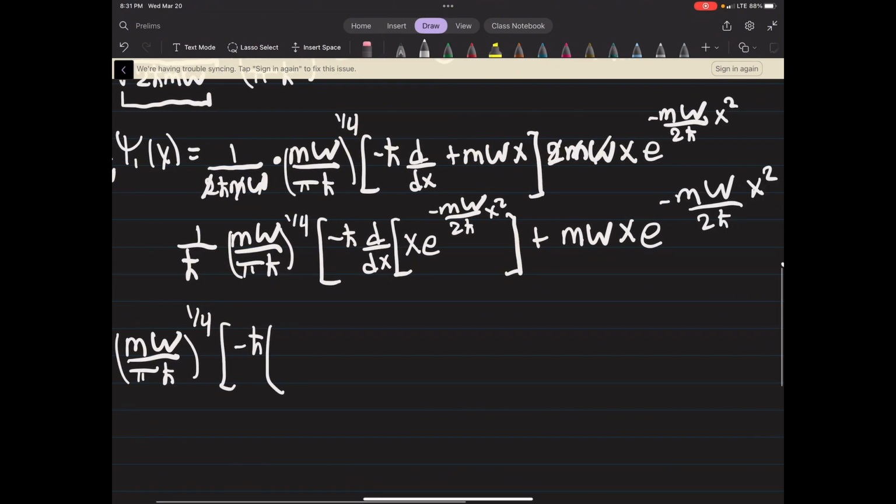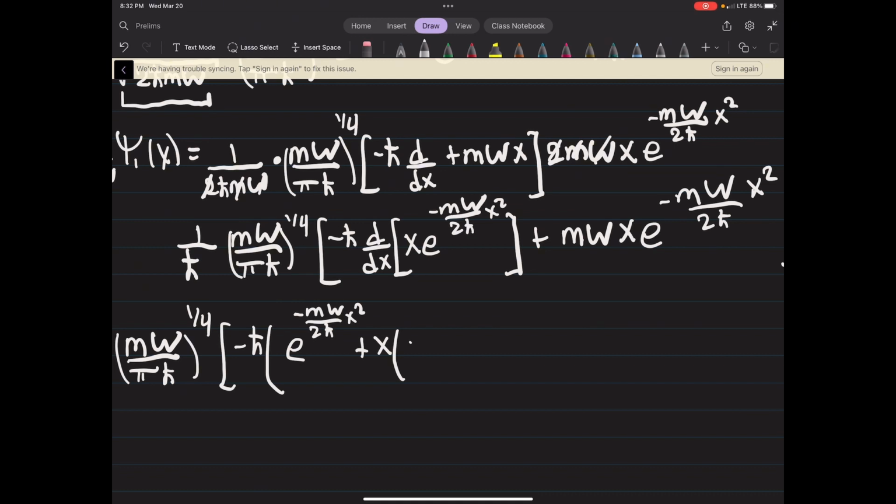Alright, so let's see, derivative of the first. This is a product rule. So we have e to the minus m omega over 2 h bar x squared, plus x times the derivative of the second part. So we've kind of already done that.